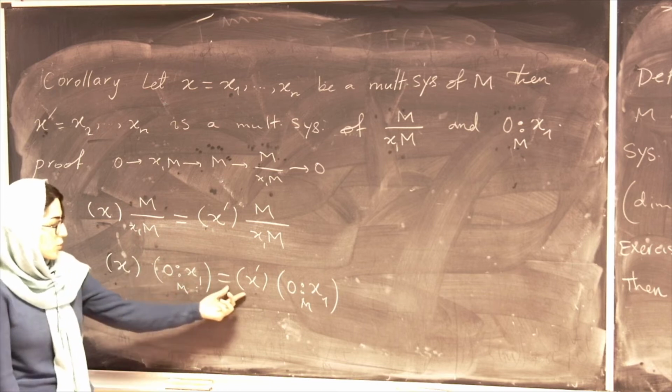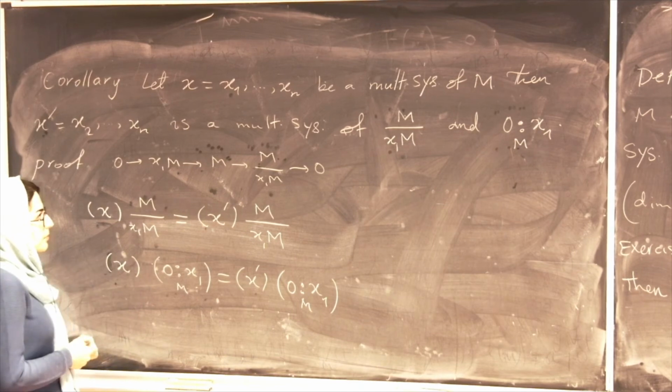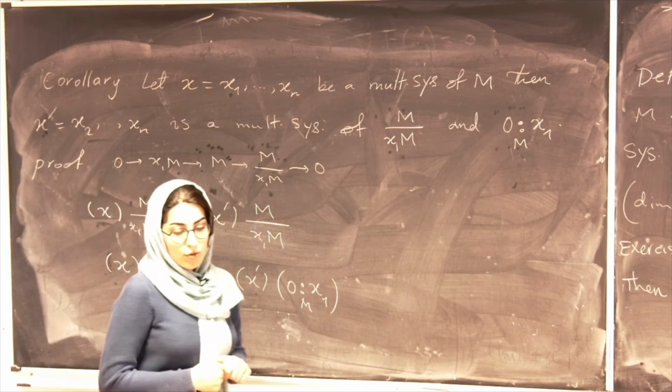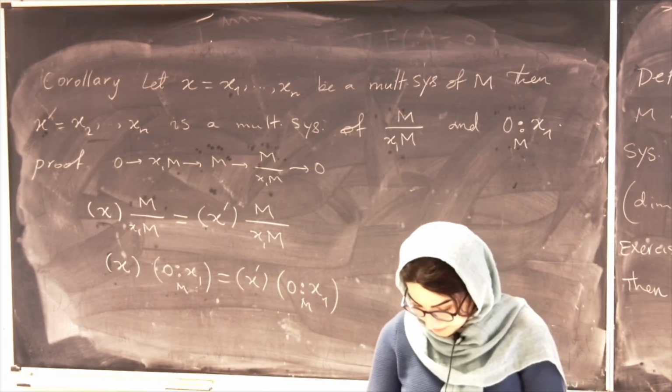So it remains x2 up to xn. So we can replace x by x prime for these two submodules. Okay.